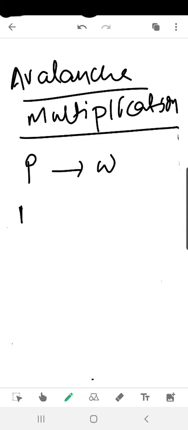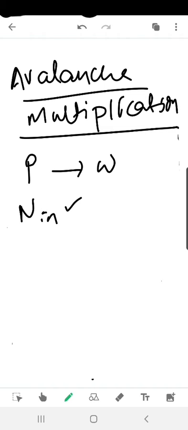Now we consider that n in is the number of incoming electrons which are coming from the p side towards the n side, which will strike the electron hole pair in our depletion region.